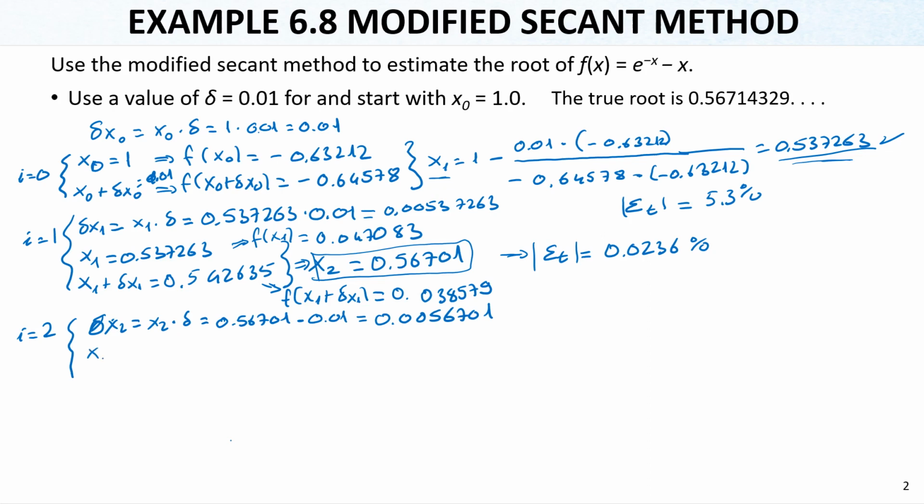Then, sorry, this is x2 now. x2 is 0.56701, and x2 plus delta x2 is simply the summation of this with this. It becomes 0.572680.